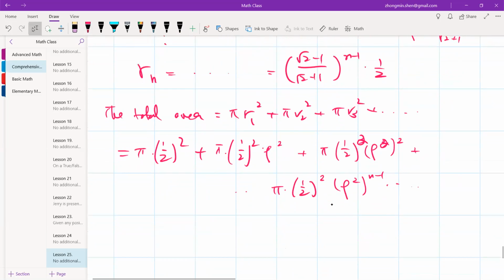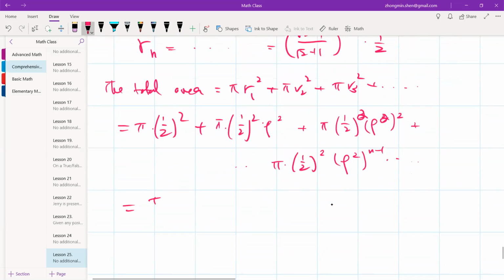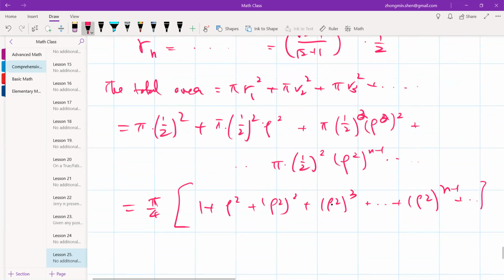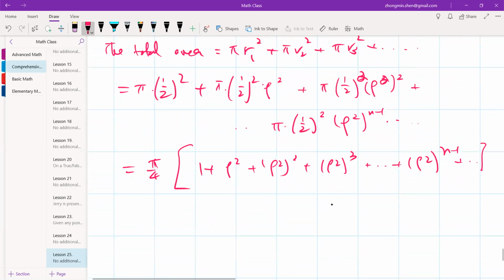So if you take pi over 4 out, you will get 1 plus rho squared, plus rho squared squared, and the cube, and rho squared to the n minus 1, and so on. So you can find the formula. It's going to be 1 over 1 minus rho squared. Not rho, just rho squared.